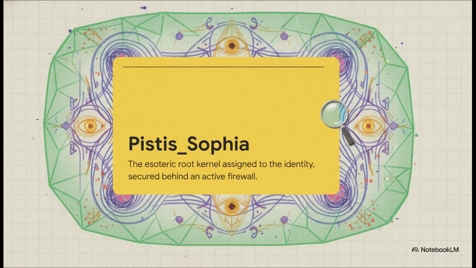So the system isn't just assigning Sky McDade some random serial number, it's anchoring this entire human identity to an esoteric concept of wisdom, treating it as the foundational operating system of the mind. And the fact that this esoteric core requires a digital firewall, self.firewall active equals true, well, that implies human consciousness is somehow vulnerable to digital viruses, right? Meaning it requires a literal coded barrier to maintain psychological safety. It's just absolutely wild to think about.